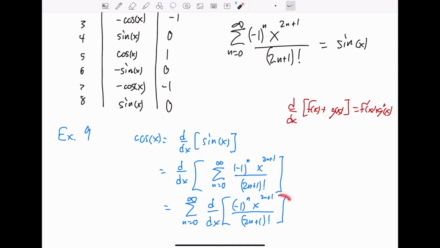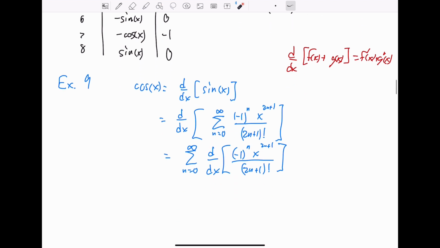Now how can we take the derivative of this expression here? (-1)^n and (2n+1) factorial are constants with respect to x. So we can bring those constants out front of the derivative. Let's do that. So we have the summation notation outside, and then we're taking this constant, (-1)^n divided by (2n+1) factorial, and moving it in front of the derivative.